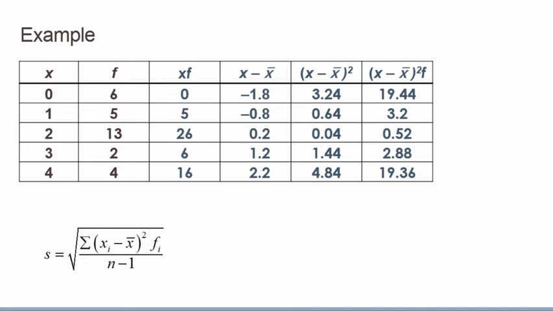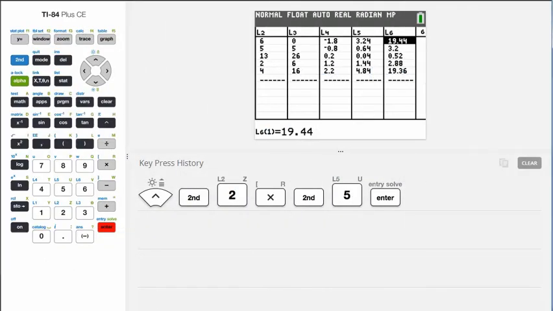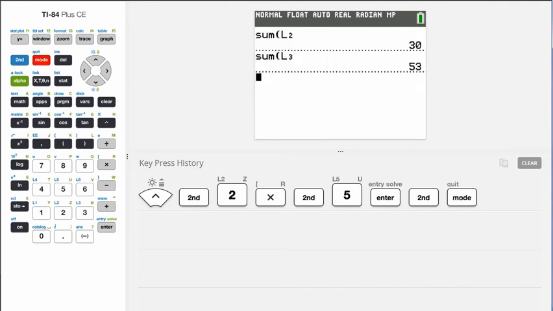In order to use my formula for the standard deviation, I need to add up that last column. I already know that my total frequency is 30, so I have n. Calculating, second, and mode to quit this menu. This time I want to sum L6. Second, enter.